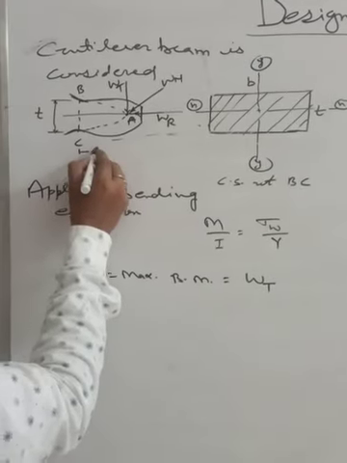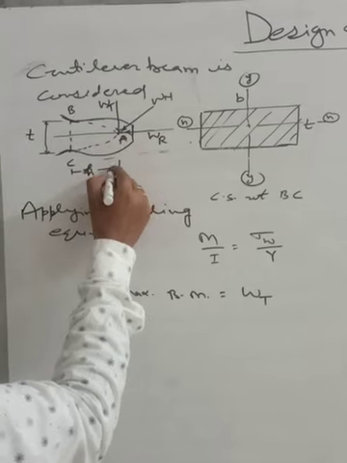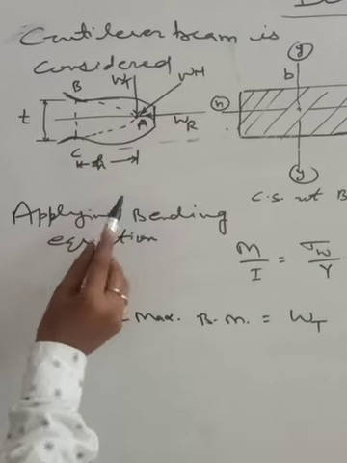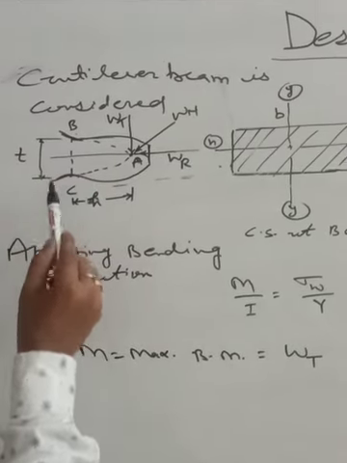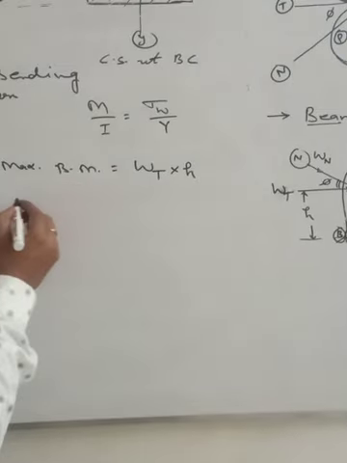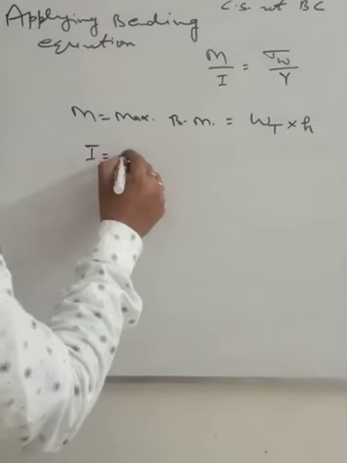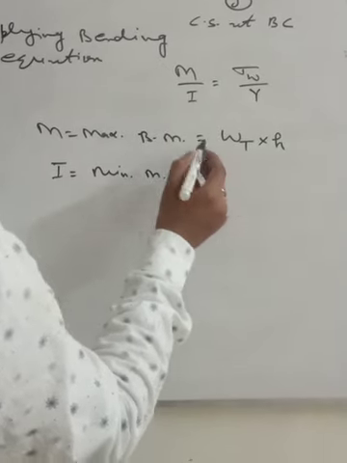If this length is the h, then the maximum bending moment is your Wt into h at this weakest zone, Wt into h. Then I is the minimum moment of inertia of cross section.